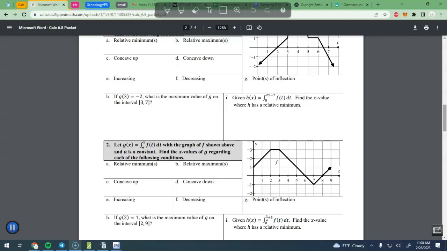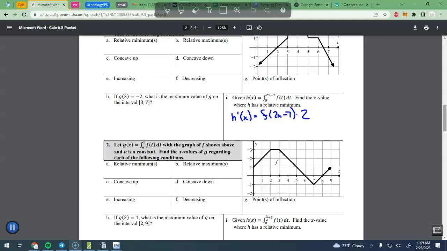So I'm going to take the derivative of it because if I want to know where h has a relative minimum, that information comes from the derivative, right? All right. So h prime of x is plug in the top, so it'll be f of 2x minus 7 times the derivative of what you plugged in minus, but can I just skip the minus part?